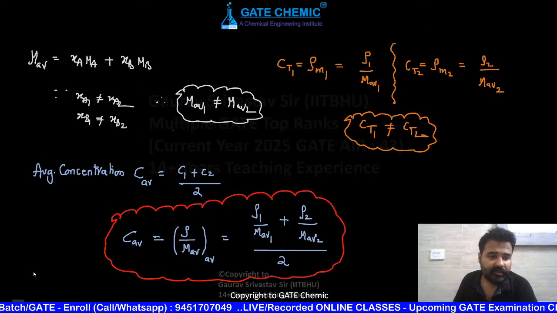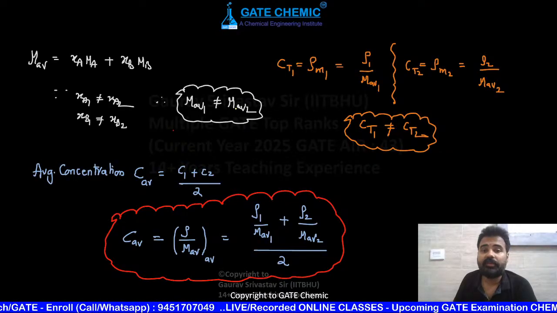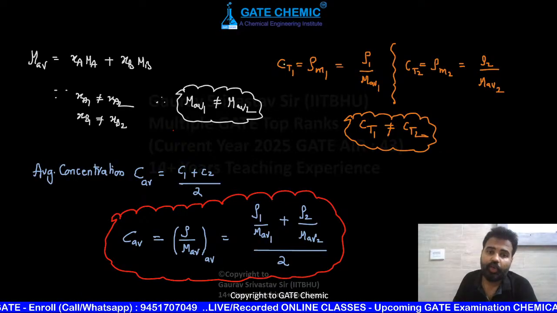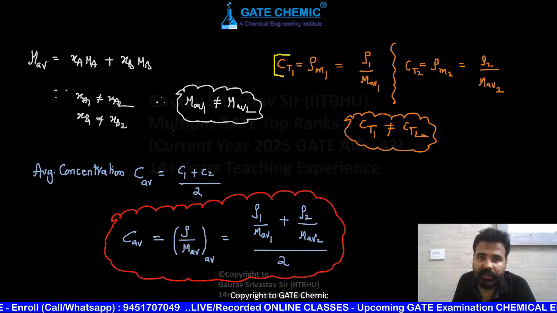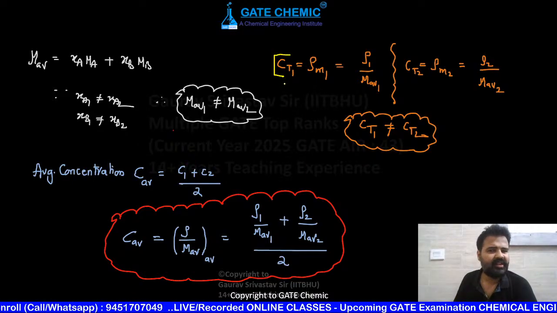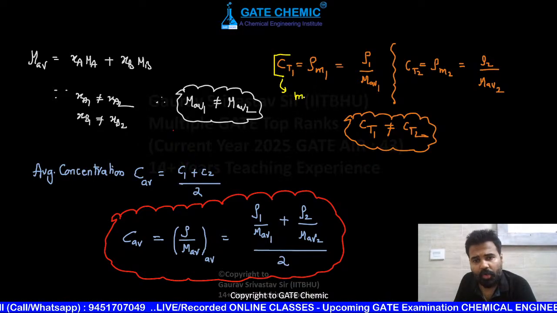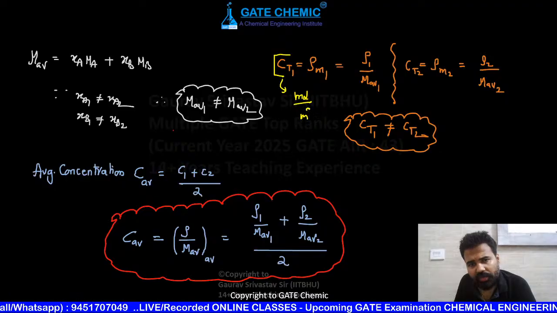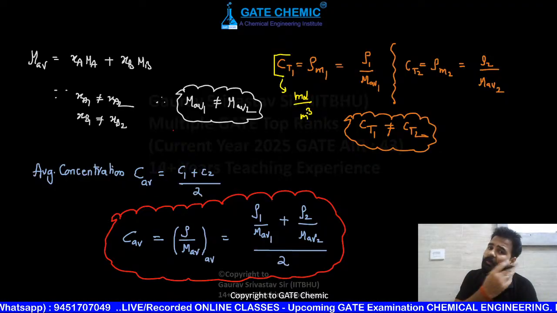After calculating it, now you have to calculate CT1. What is CT1 here? This is in mole per meter cube. This is molar density.